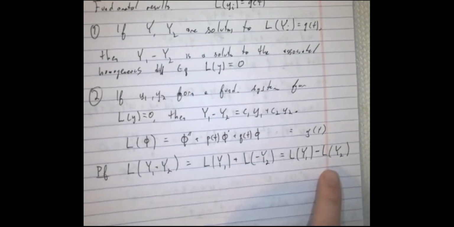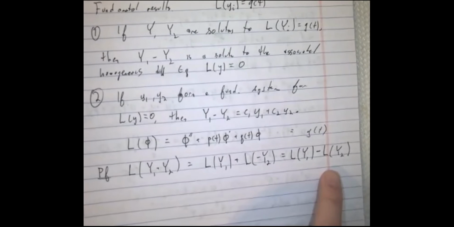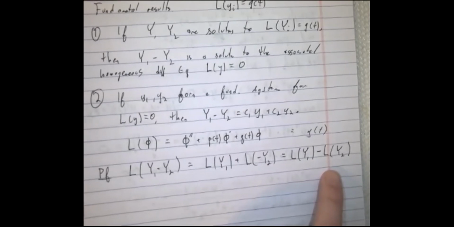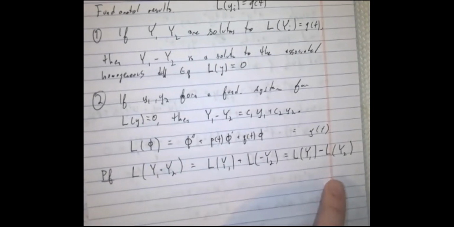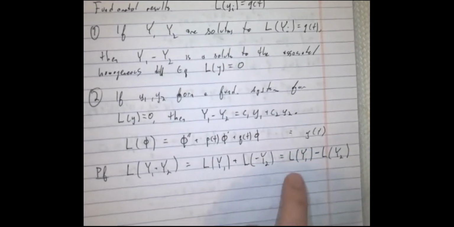And this is just essentially because the differential operator, the derivative D, acts linearly. The derivative of a sum is the sum of the derivatives, and the derivative of a constant times a function is equal to the constant times the derivative of the function. That just means that the differential operator D is linear.